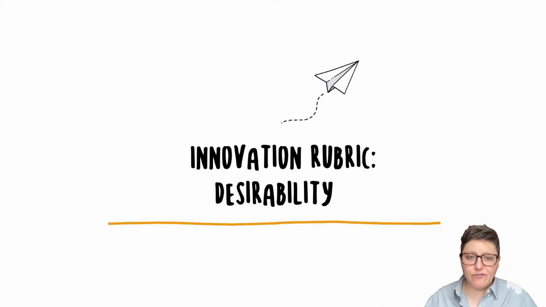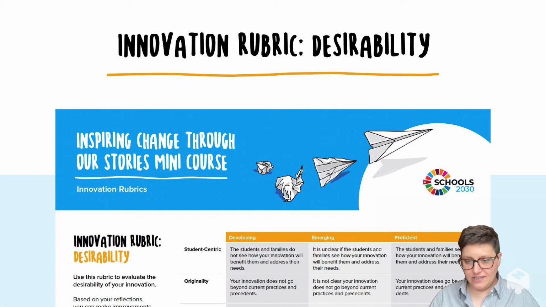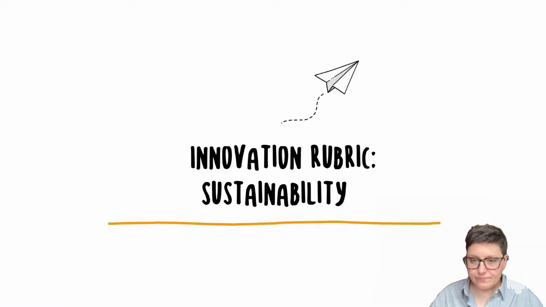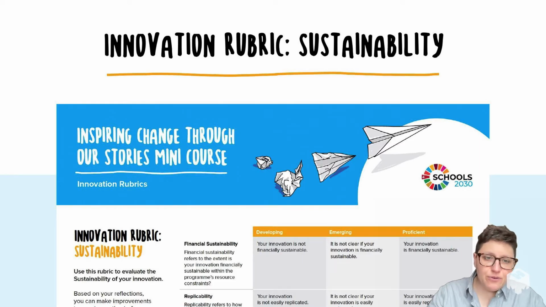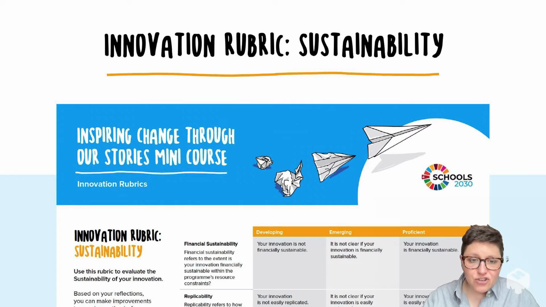So the first several are about actually the concept itself. And one is, does your concept, or your micro innovation, demonstrate that it's desirable to students, to the community? The next is sustainability. So does your micro innovation have financial and technical sustainability built into the model?